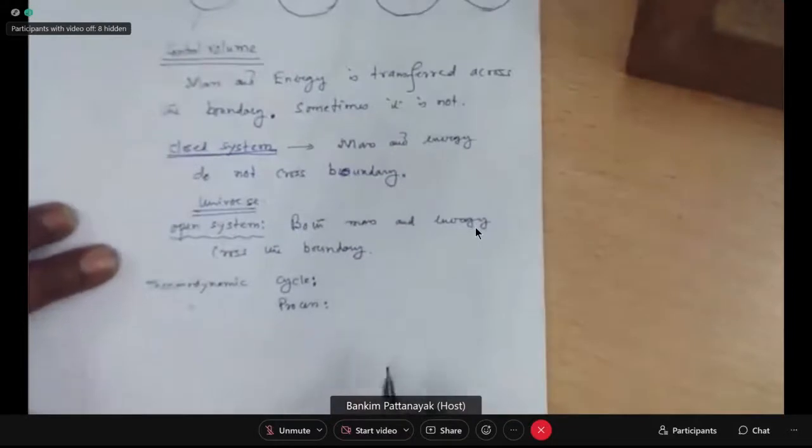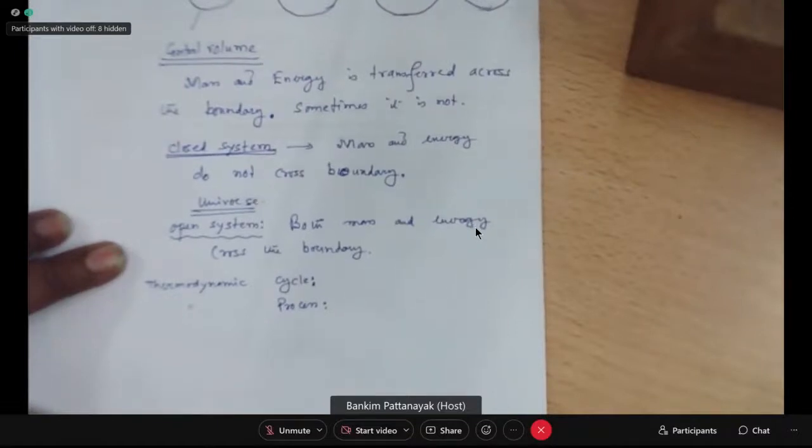Thermodynamic cycle is basically you execute a path, you go to Godiahat, you come back home, you are executing a cycle. If you don't find Godiahat is a beautiful place, you can go to some other place also. You can come back, but your first starting point and the end point should be the same.